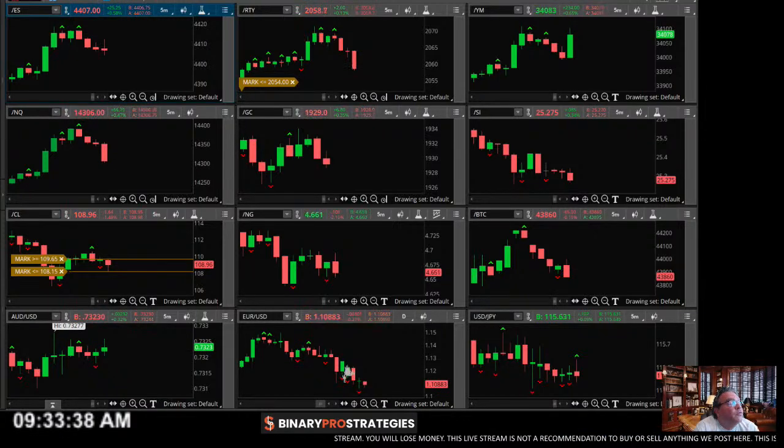And if we need to reverse, we're going to be reversing at 2069. 2069 would be our stop and reverse, unless we hit profit target.